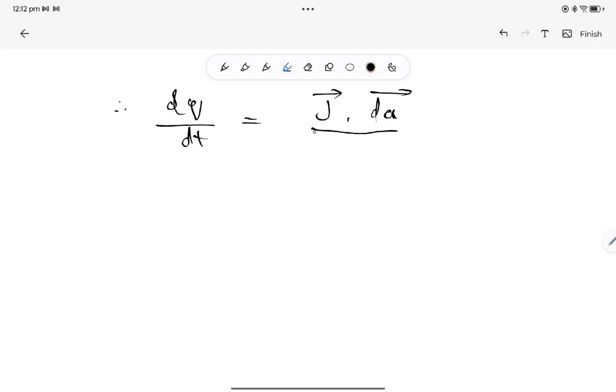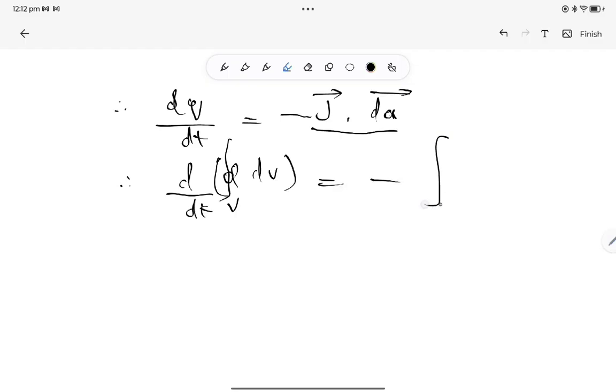For a whole surface, you will have to integrate it over the whole surface and replace this charge by the total charge enclosed within the surface. This can be done by writing d by dt of the charge enclosed within the surface, the volume integral of rho dV, where rho is the volume charge density, is equal to minus the closed surface integral of j dot dA.